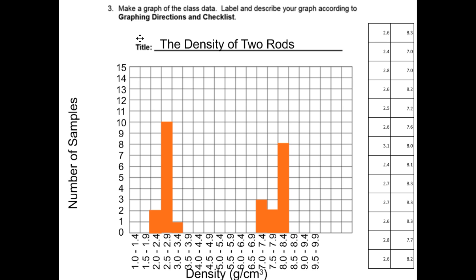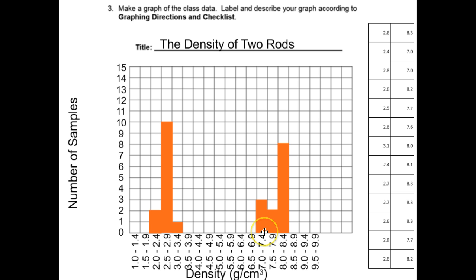All right, the last thing that the graphing directions checklist always asks us to do is to create a conclusion. So the conclusion that I can draw from looking at this data is that I have 2 trends. I have one here and I have one over here. And what these trends say is that the density of one of the rods is between 2.0 and 3.4 grams per centimeter cubed.